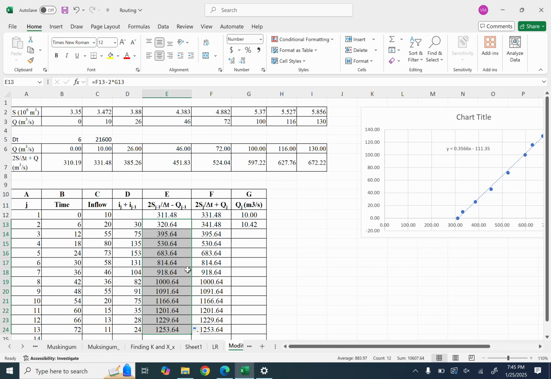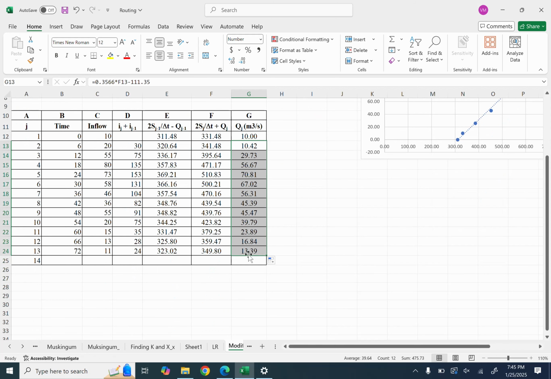You will see negative values sometimes until you populate everything, and we can go one more actually. As I said, you saw negative here, so let's bring everything down. And that is our outflow hydrograph.